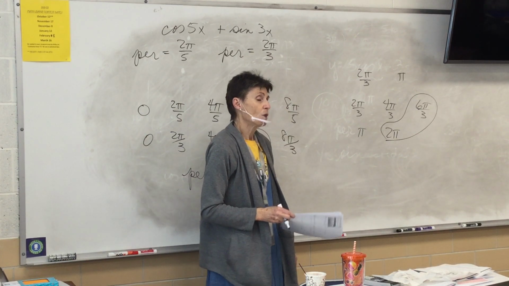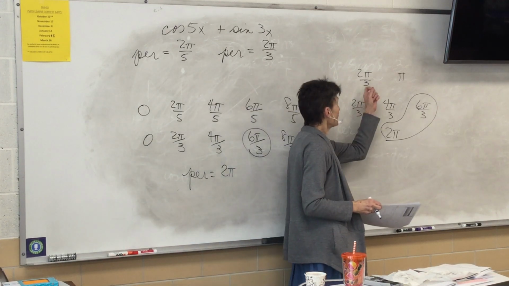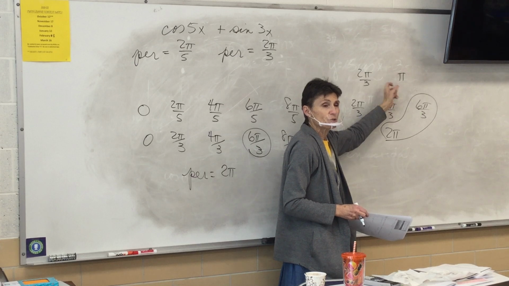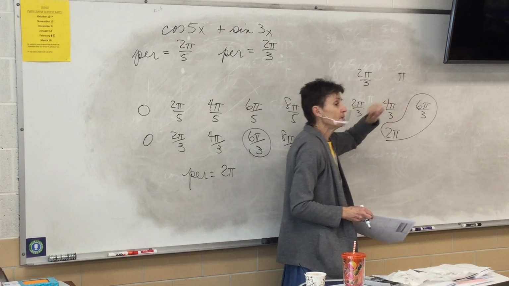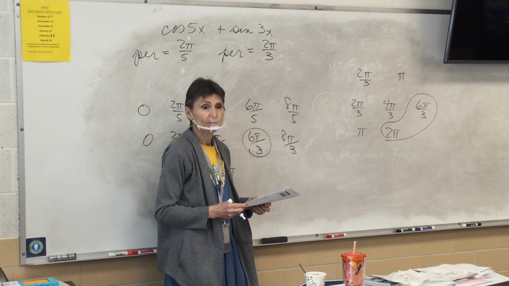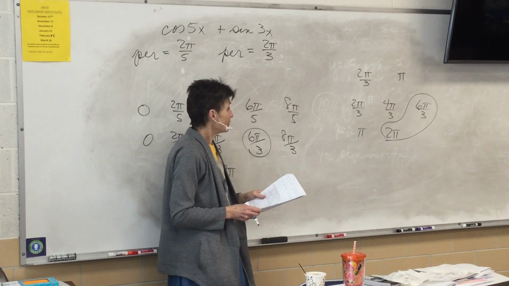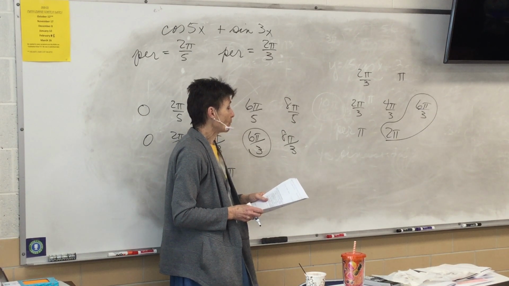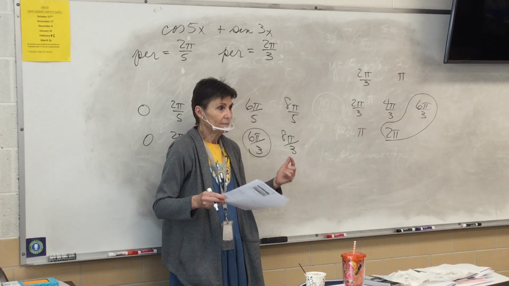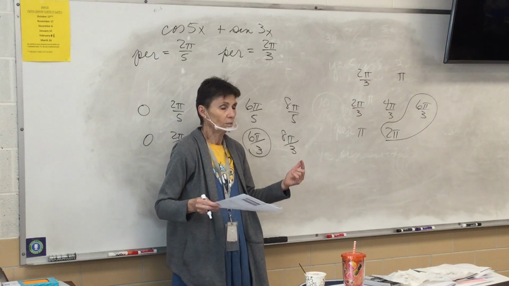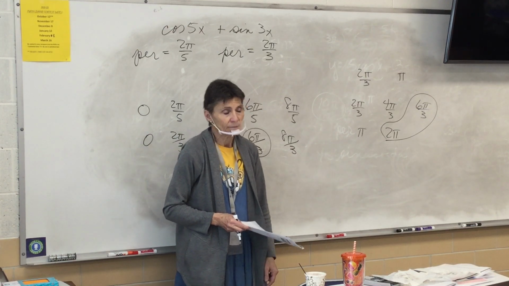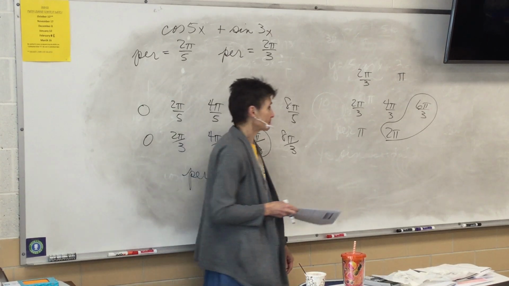Sinusoidal? No. The only way it will be sinusoidal is if the periods of each piece match. So as soon as you see they're not the same, you know it's not going to be sinusoidal. Is there a way you can do it without listing them? Well, you've got to figure out the least common multiple of those two numbers. For me, it's easier just to list them, but if you can figure that out.